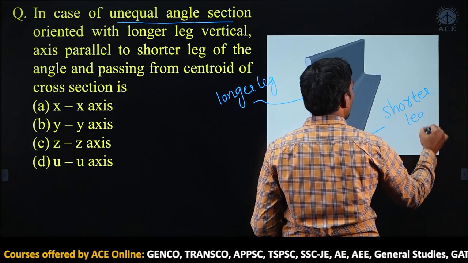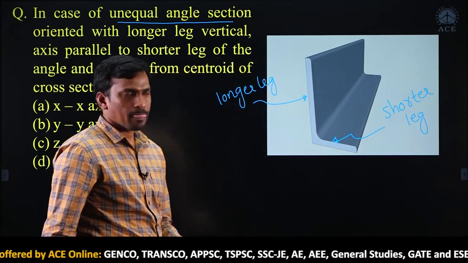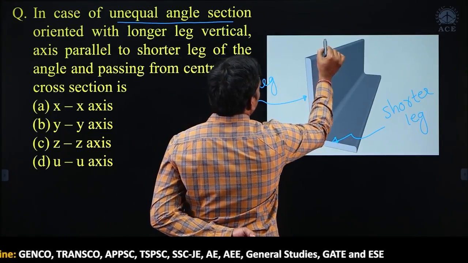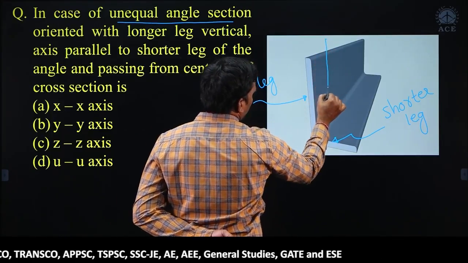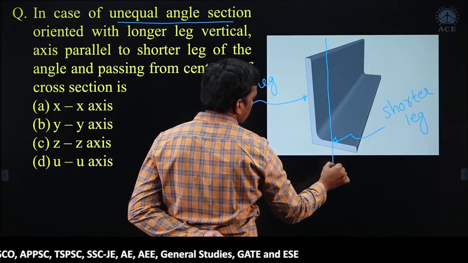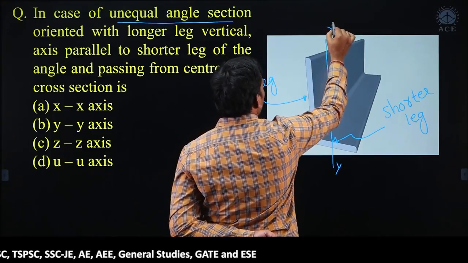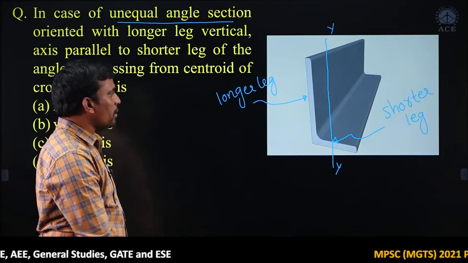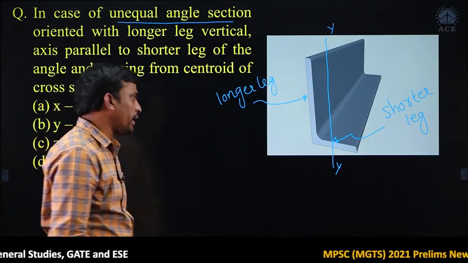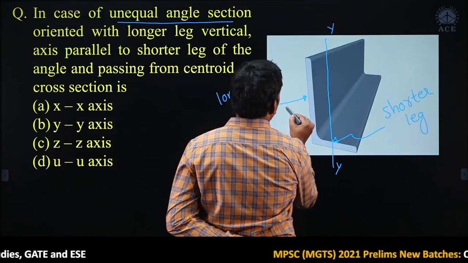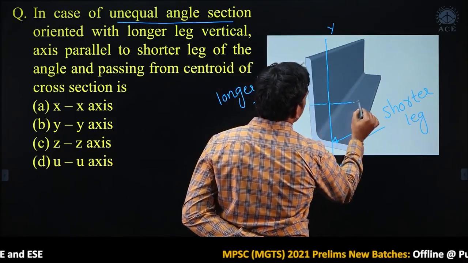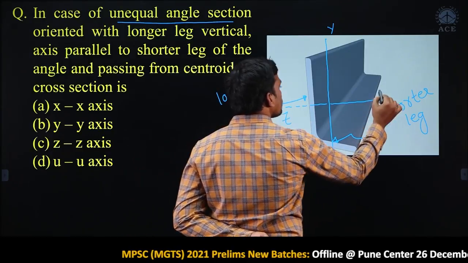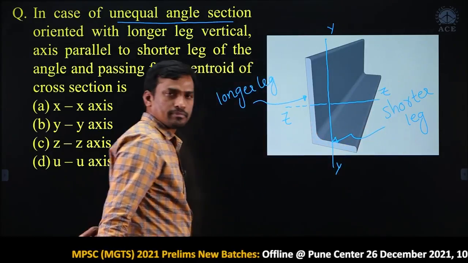Look here, this is the vertical axis parallel to the longer leg. Then this is the horizontal axis parallel to the shorter leg, then this is the z axis.